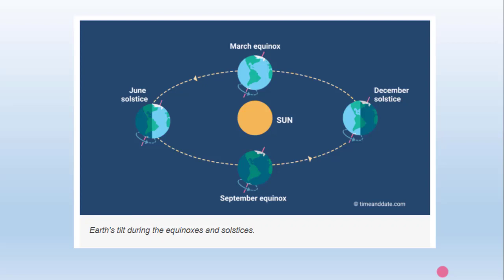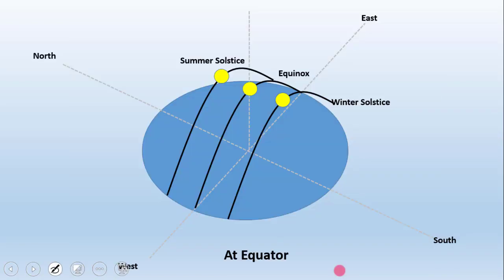This can be summarized in a picture. You can see we have June solstice, December solstice, March equinox and September equinox. Now here we have a picture showing the respective movement of the sun with respect to Earth. Let us assume we are at the equator.